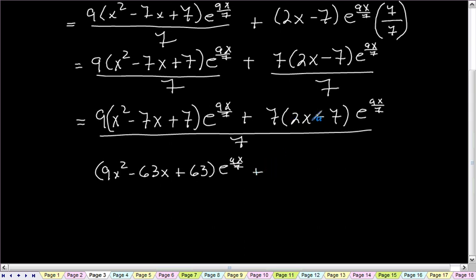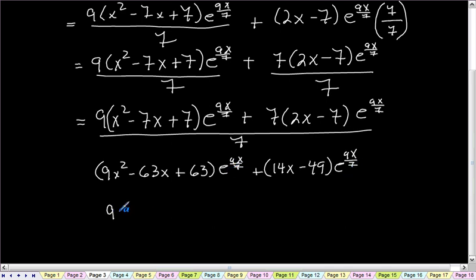Plus, and I'm going to distribute the 7. This becomes 14x minus 49 e to the 9x over 7. Because I have common, this is common with this, I can do this.